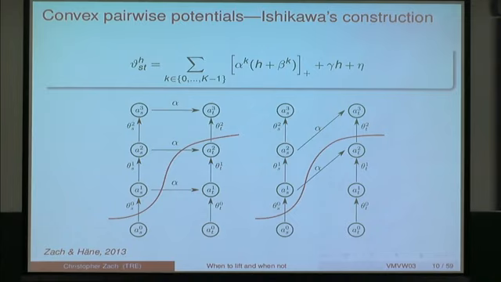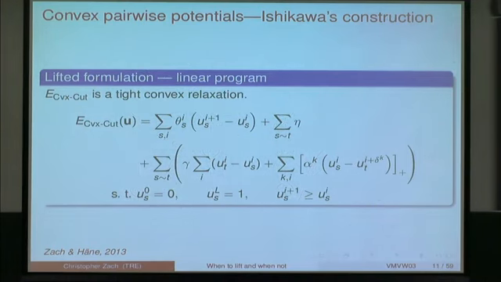If on the right-hand side you again have a label difference of 2, but because you have these slanted edges in your graph, you only cut one of these edges, you pay the price alpha, another alpha in this case. So this construction allows you to reformulate, or actually solve, this problem of random fields with discrete labels and pairwise convex potentials using a graph cut construction. As a corollary, you can write down what the LP relaxation is in this case.